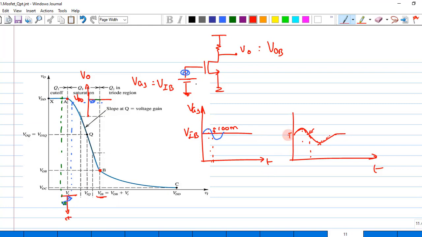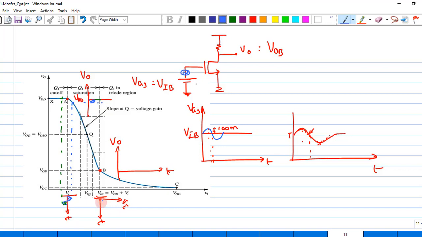Now let us see how the output reacts. Let me plot the output axis, with the output graph as well as the input graph over time. This is my Vout, and this is my Vi.